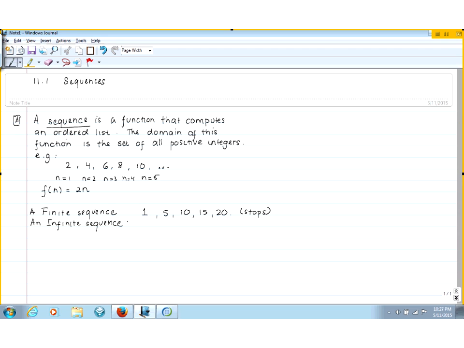So usually we use these 3 dots. It's called an ellipsis, meaning it goes on forever. So for example, 1, 3, 5, 7, 9, etc. So this is an infinite sequence. It doesn't stop, it goes on forever.